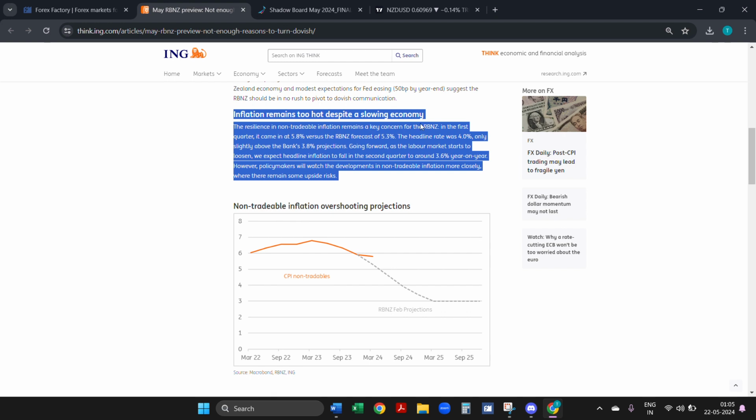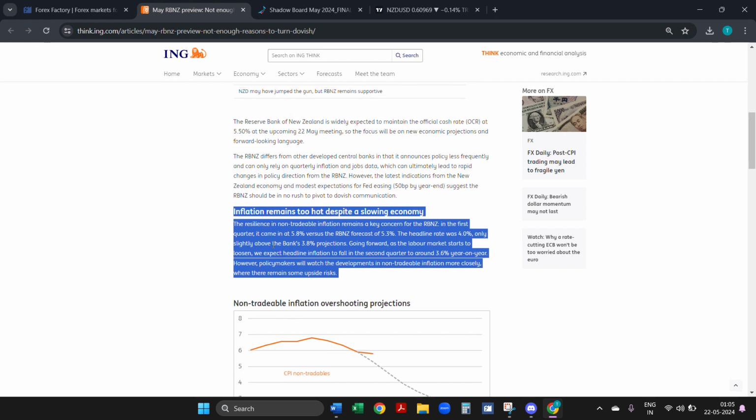And here we get it: inflation remains too hot despite a slowing economy. The resilience in non-tradable inflation remains a key concern for the Reserve Bank of New Zealand. In the first quarter, it came in at 5.8% versus the Reserve Bank of New Zealand's 5.3% forecast, right? The headline rate was 4.0% only, slightly above the bank's 3.8% projection.